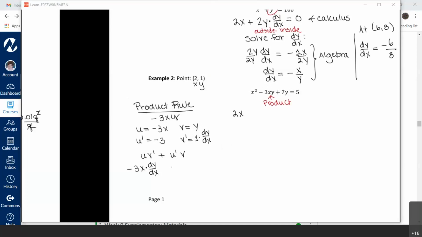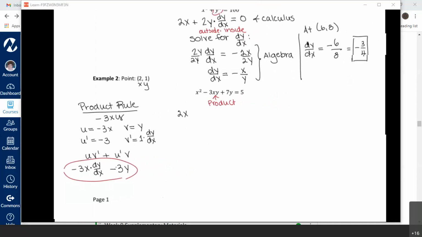So rather than saying plus, I'm going to say minus 3, and then v. So here is my derivative of the product. Again, I probably shouldn't put a box around it because it's not finished. This is what's going to go back in here.